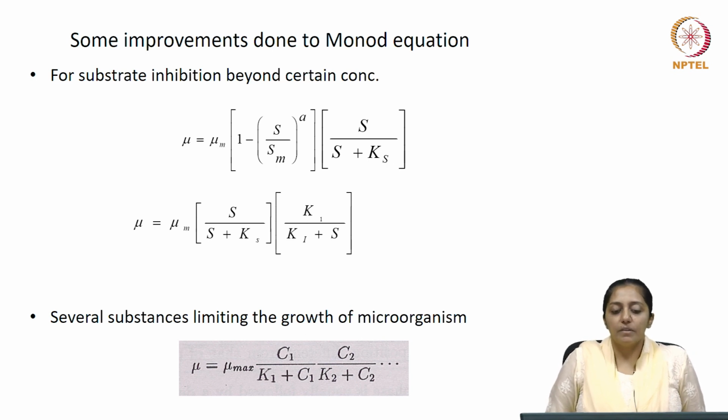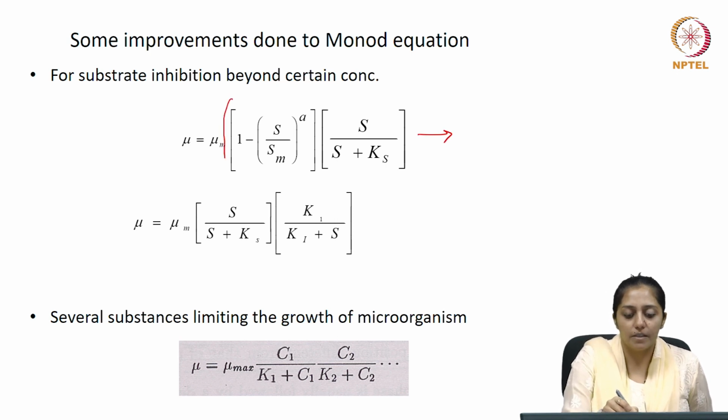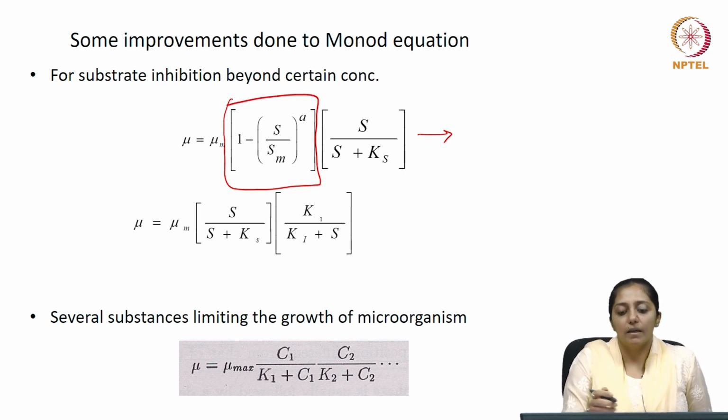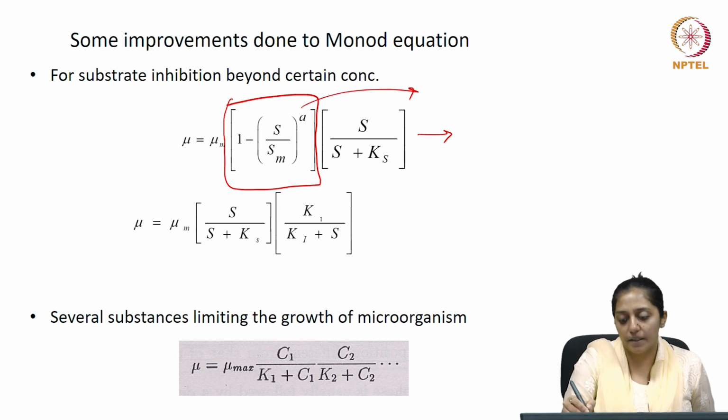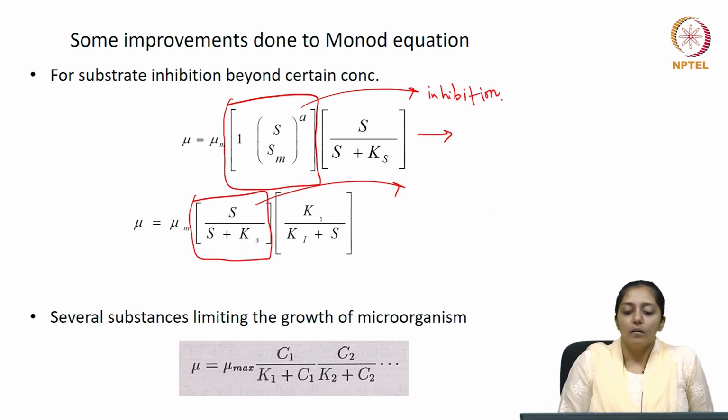So, for substrate inhibition into account, you can see there are two well known types of equations which are used. Now, in these equations, the first term is what takes care of the substrate inhibition. Now, can you make out how the first equation is different from the second equation?